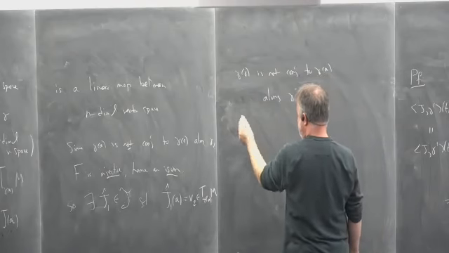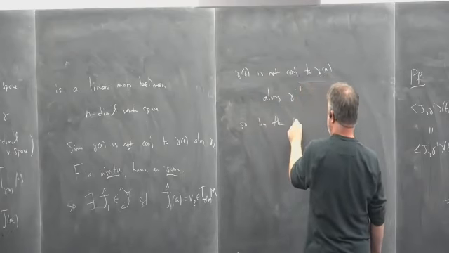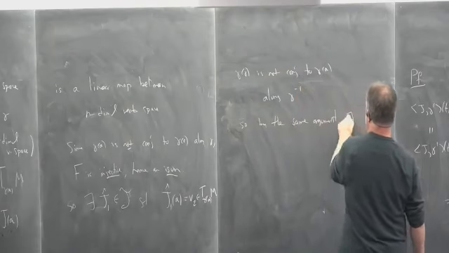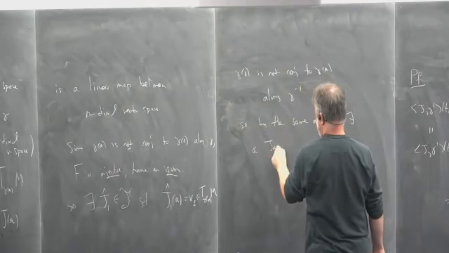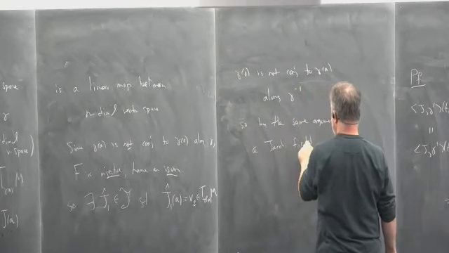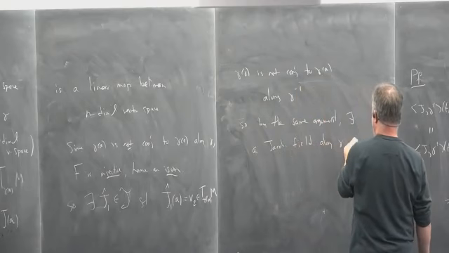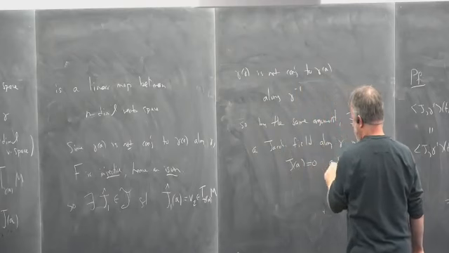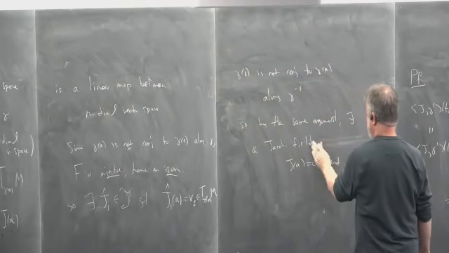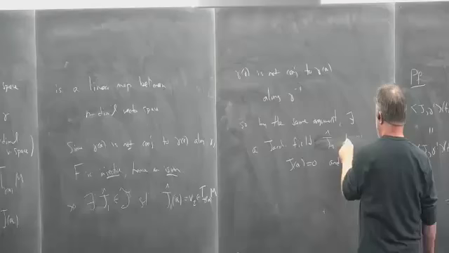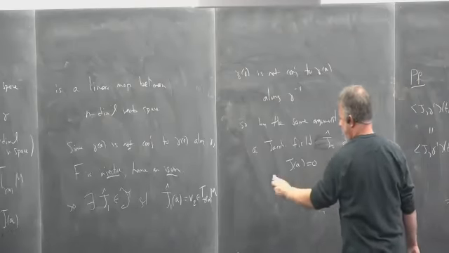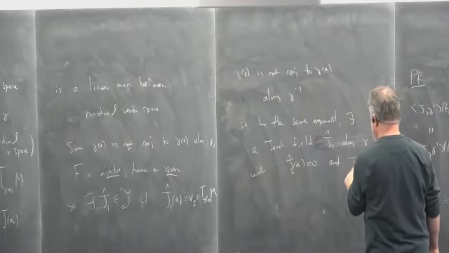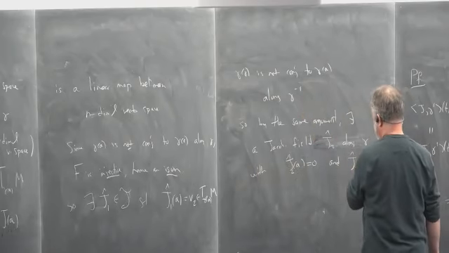So by the same argument, there exists a Jacobi field J2 hat along gamma with J2 hat at A is 0 and J2 hat at 0 is V1.